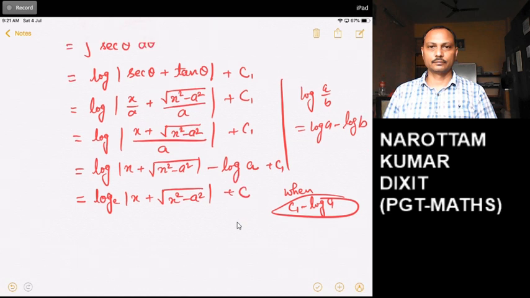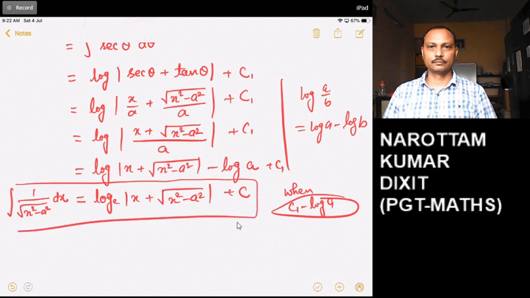So this is the formula of integration of 1 upon under root x square minus a square dx. So it was our fourth formula. Now proceed to the fifth one.